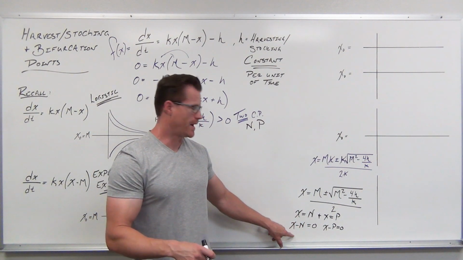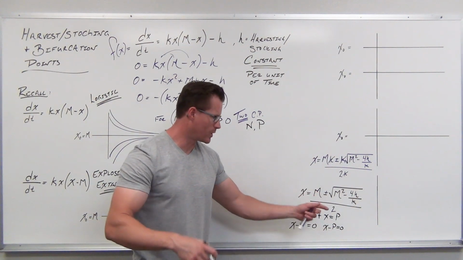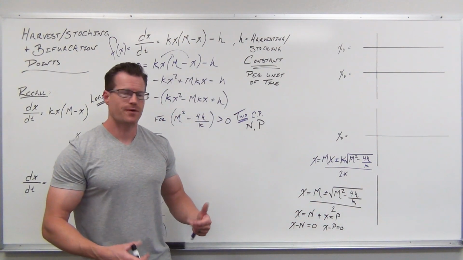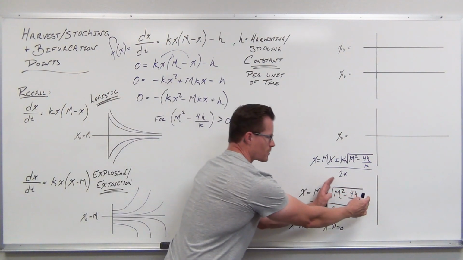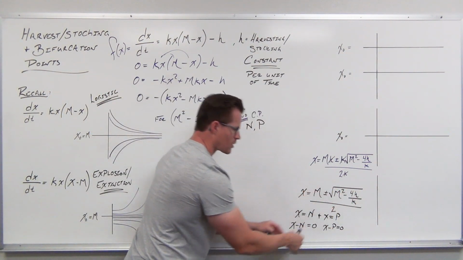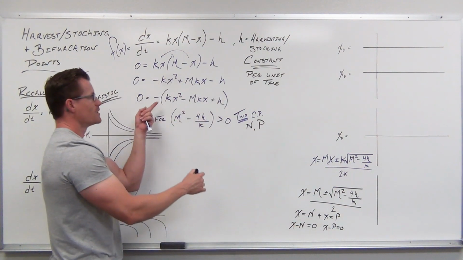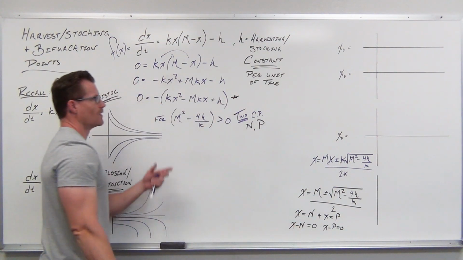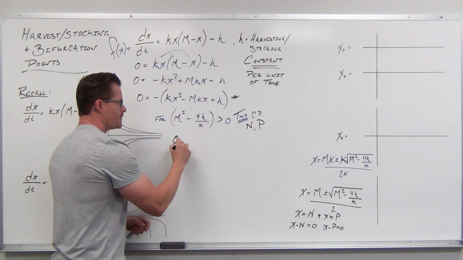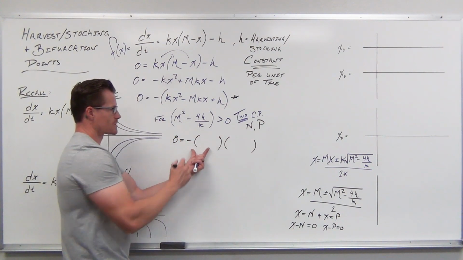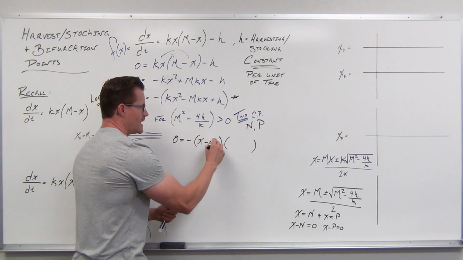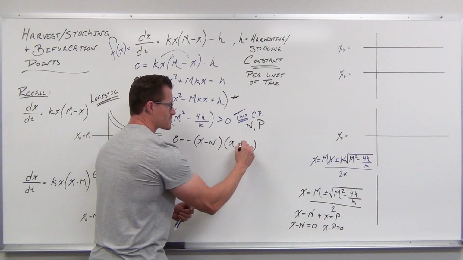X minus n would be a factor. If x equals p, another critical point, then x minus p would be a factor. Let's factor this thing then. So if the inside of our square root is positive and we get 2 critical points, then we get 2 factors to this thing right here. Let's factor that. Then 0 would equal 2 factors, x minus n and x minus p.